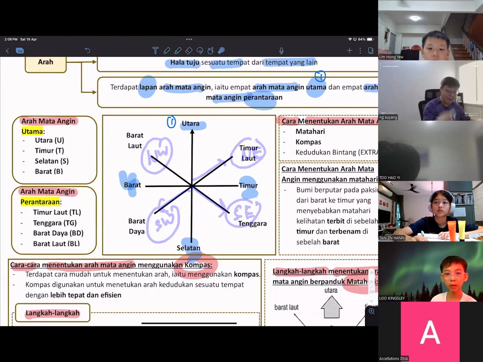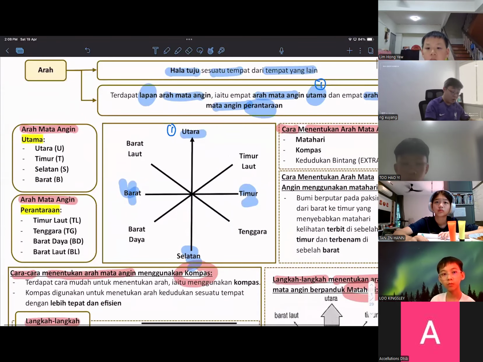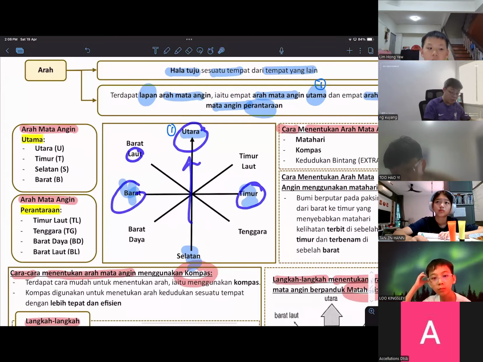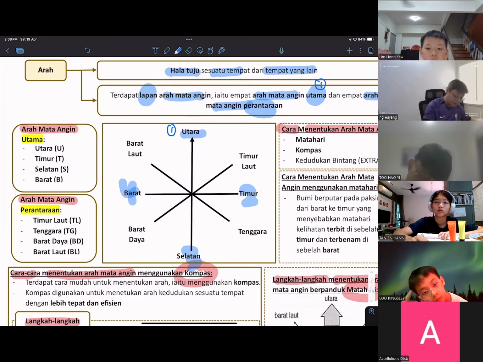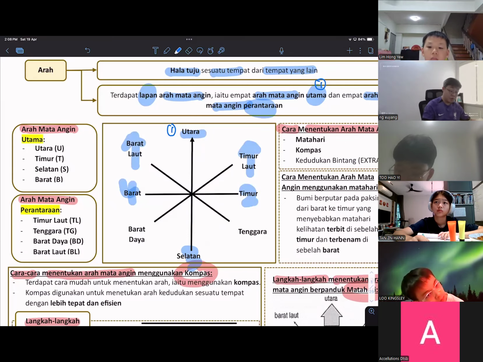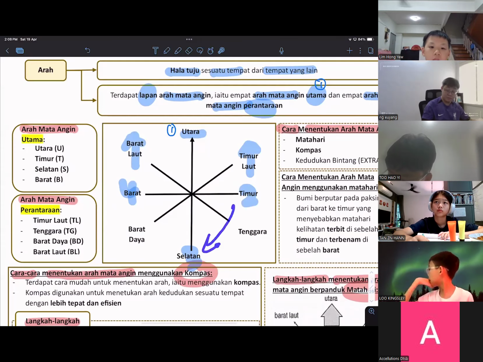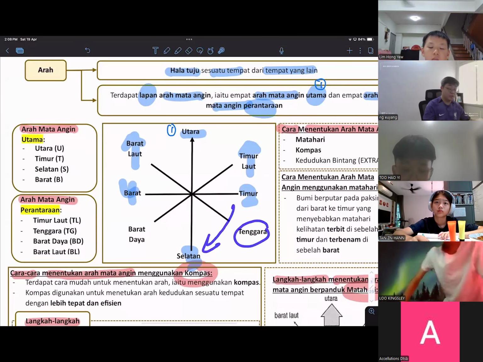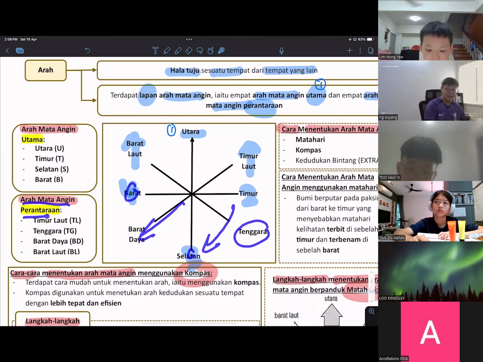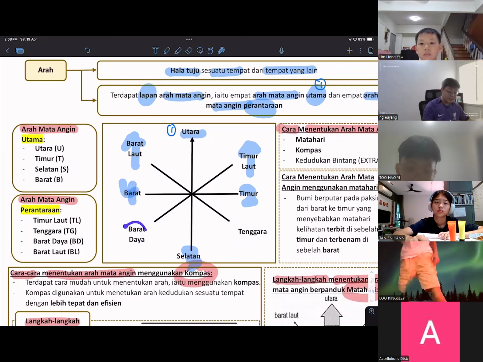In bahasa, any timur or barat related to the utara is just going to add on laut. So remember, we have timur laut, barat laut. For the timur combined with south, it's just known as tenggara. West, barat combined with selatan, in between the arah mata angin perantaran, is just barat daya.